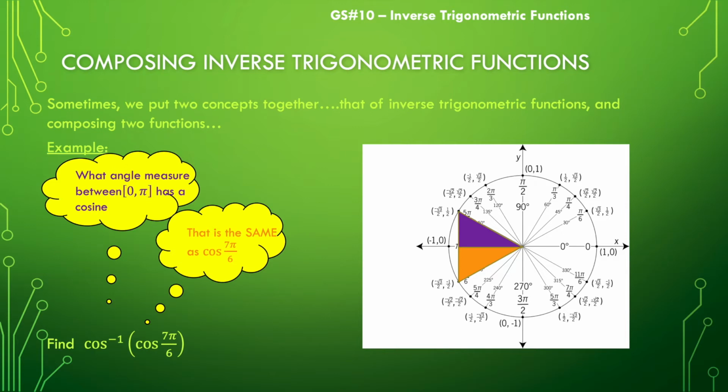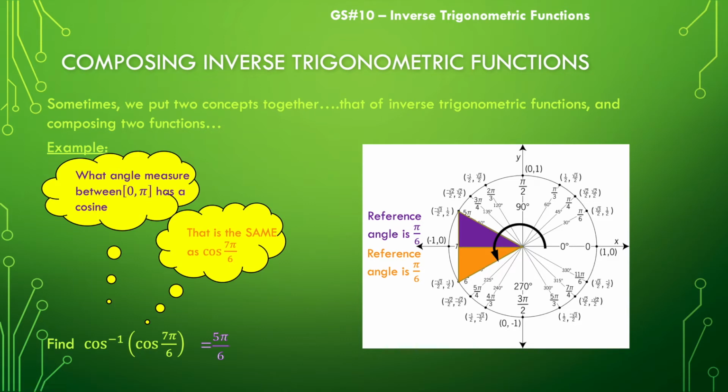All right, so look at this first angle measure that we're looking at. The reference angle here is pi over 6, right? It's pi over 6 past pi. And so in order to find something that is defined for cosine inverse, it would be up here in that second quadrant, but it would have the same reference angle.